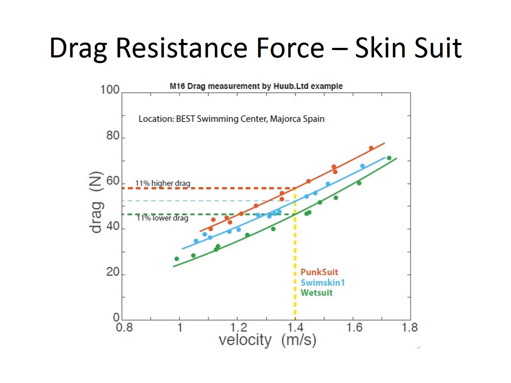Each dot represents a swimmer swimming along the MAD system, and from that the drag force calculated for each of those velocities.